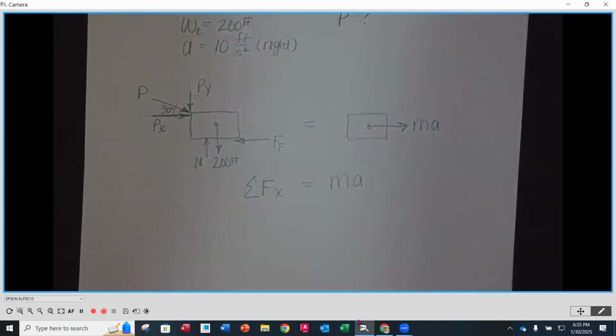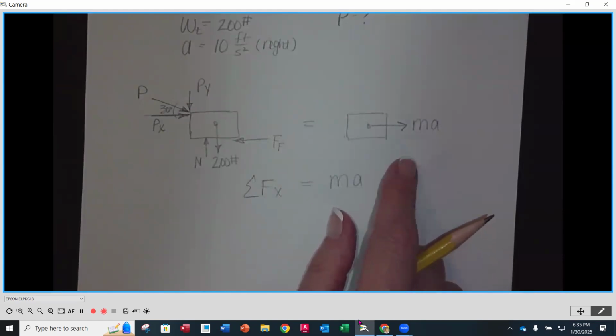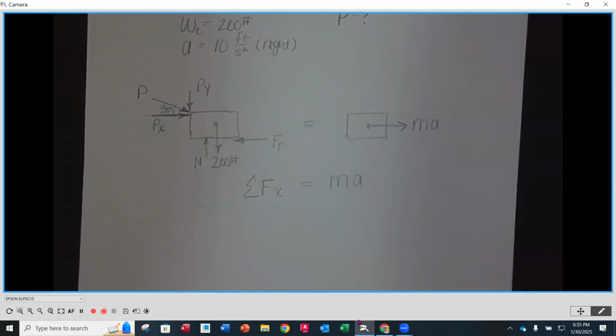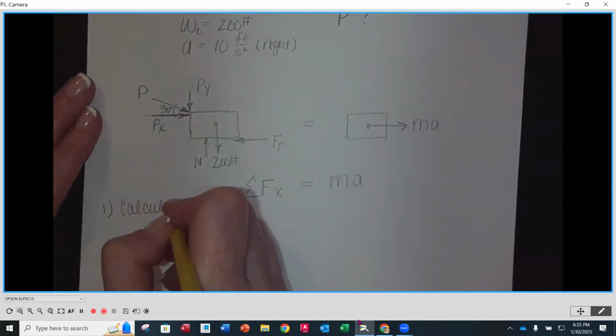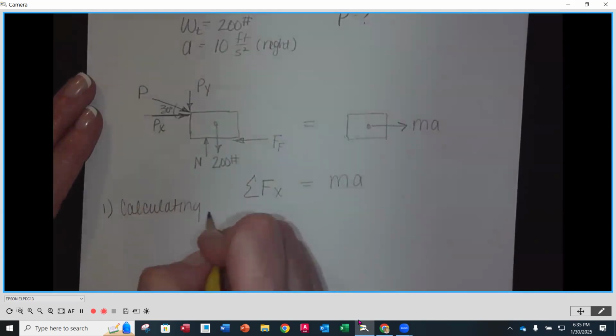Now, the next thing that we're going to do is calculate what the mass of this block is. We know what the weight is, okay? But we're going to need the mass for this side over here. And because we have the weight, we can automatically calculate what the mass is. So step number 1 is going to be calculating the mass of that block, okay?